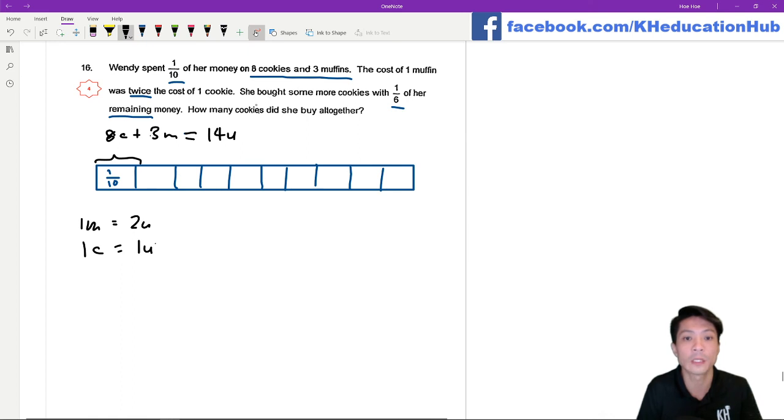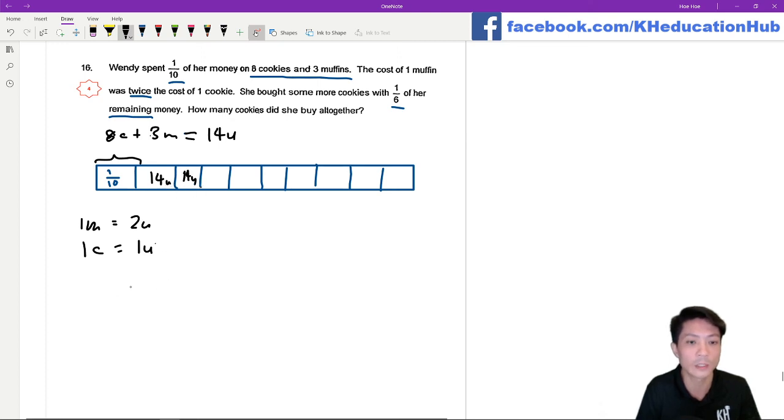Now she bought some more cookies with 1/6 of the remaining money. So this part is the remaining money. We can let the remaining money be 14 units each, right?